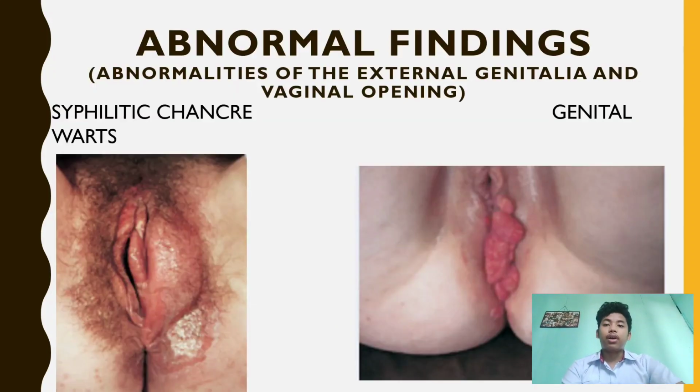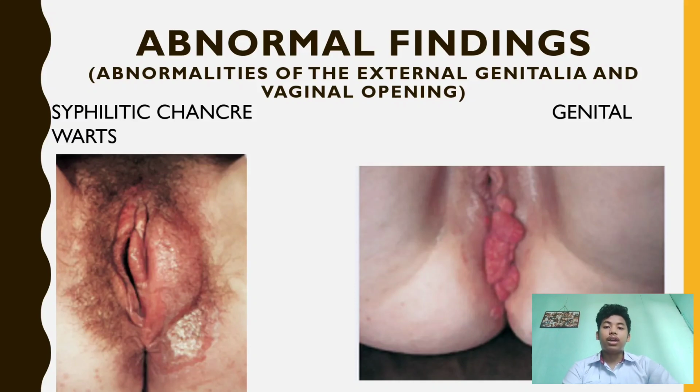Next are the abnormal findings, or the abnormalities, of the external genitalia and vaginal opening. When assessing the female genitalia, the nurse will see various abnormal lesions on the external genitalia as well as abnormal bulging in the vaginal opening. Some common findings follow. First is the syphilitic canker.